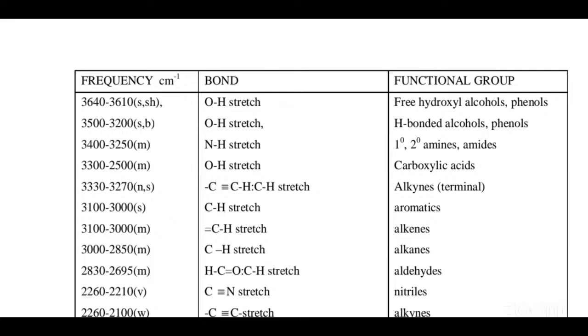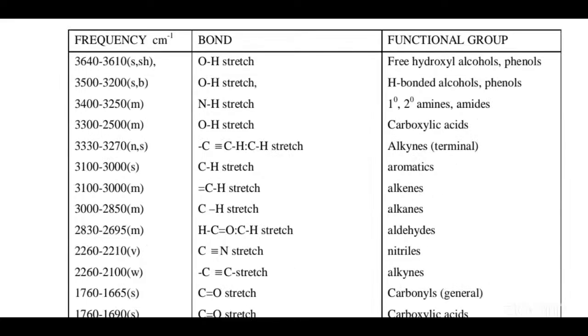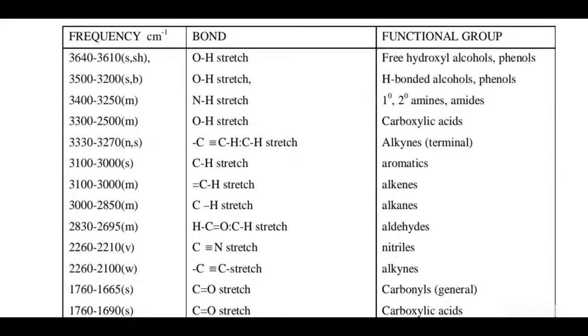And NH stretching frequency in primary amines, secondary amines, and amides is 3400 to 3250 here. The OH stretching frequency in carboxylic acids is 3300 to 2500 here. The C≡C–H stretching frequency in alkynes is around 3300.